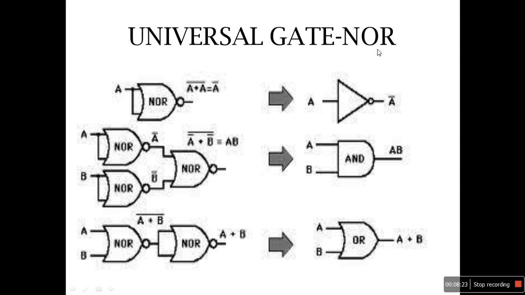Similarly, using the NOR gate we can construct all the basic gates. This is how the NOR gate makes a NOT gate. For the AND gate, if you look, two NOR gates are given as input.